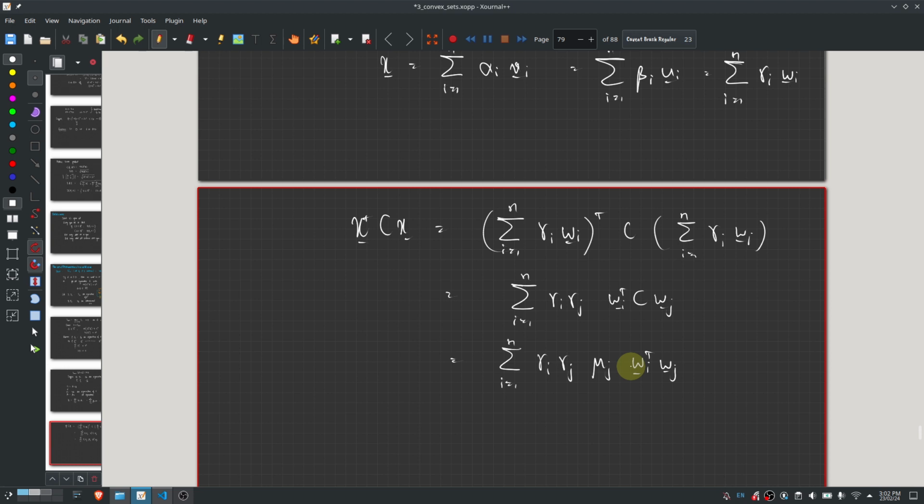What kind of eigenvectors are w1 through wn? They're orthonormal, right? So wi transpose wj would be equal to 0 if I is not equal to j, and it is equal to 1 if I equals j.